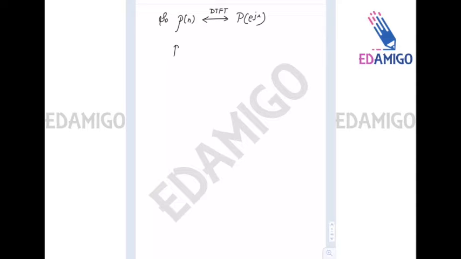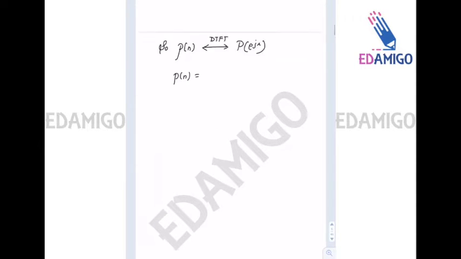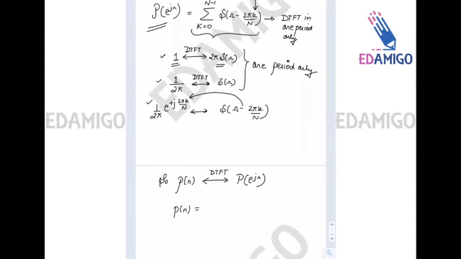So I can say that Pn, I can convert it here, doing a summation on the right side from k equal to 0 to N minus 1. So the summation will be done on the left side also, 0 to N minus 1.